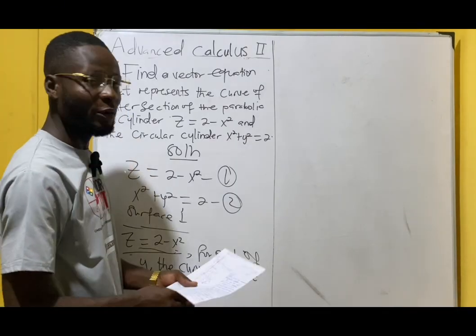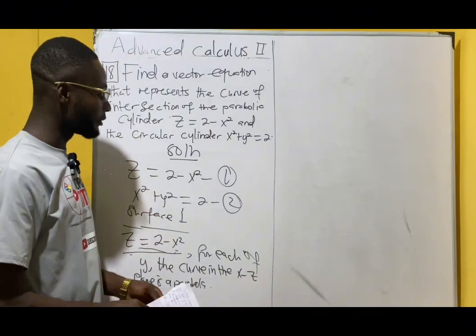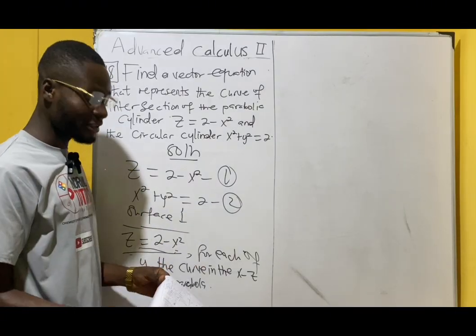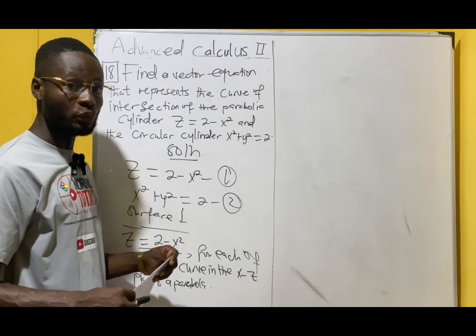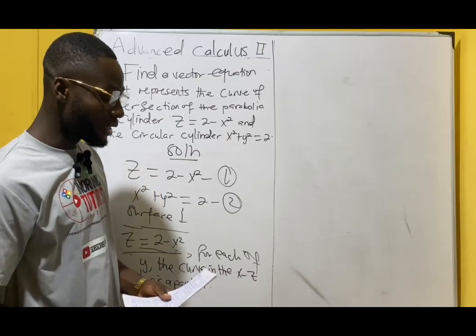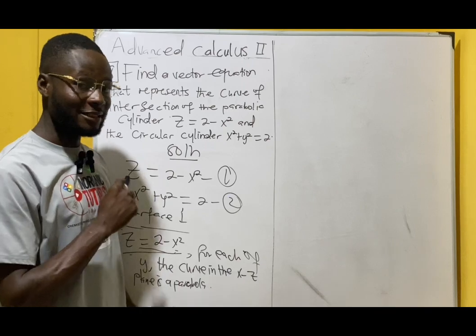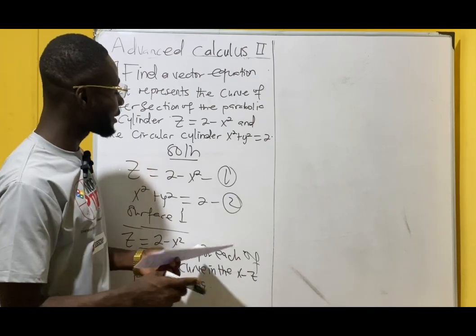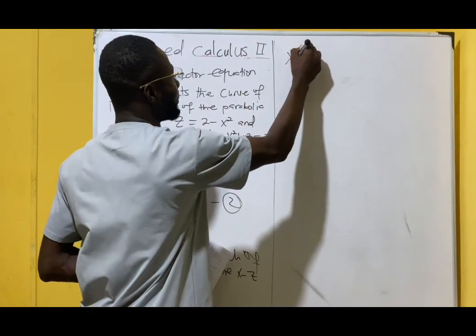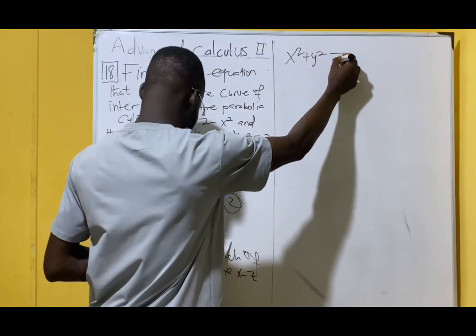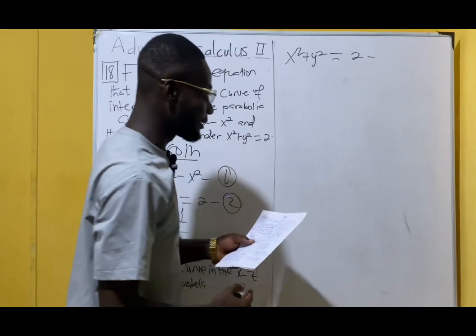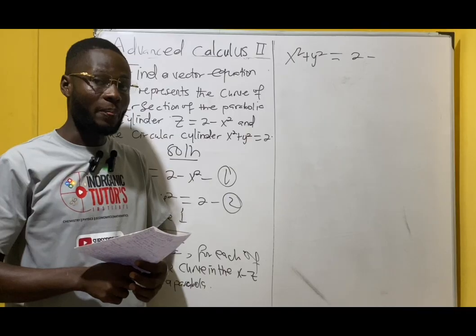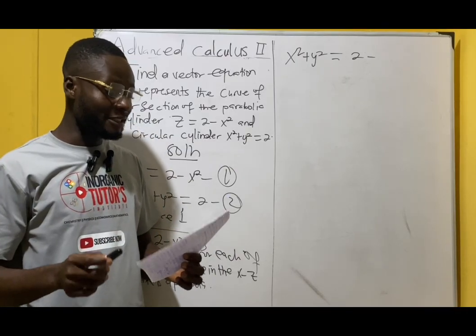Okay, so once we know this information about surface 1, we have to look at surface 2, where we have x squared plus y squared equals 2, right? With that, we know that this is a circular cylinder. x squared plus y squared equals 2 is a circular cylinder that describes a vertical tube that is infinite in the z direction.